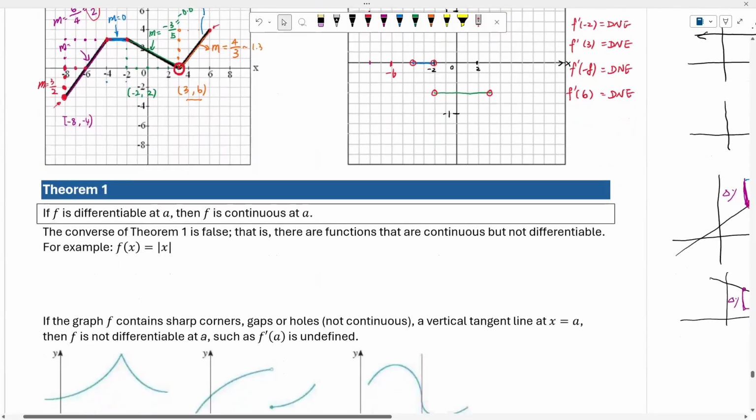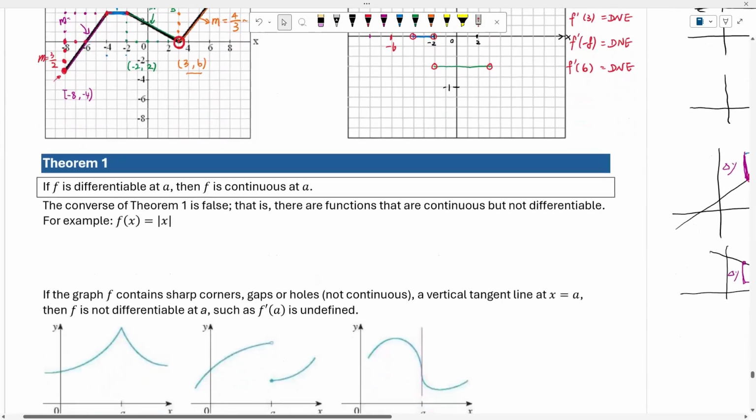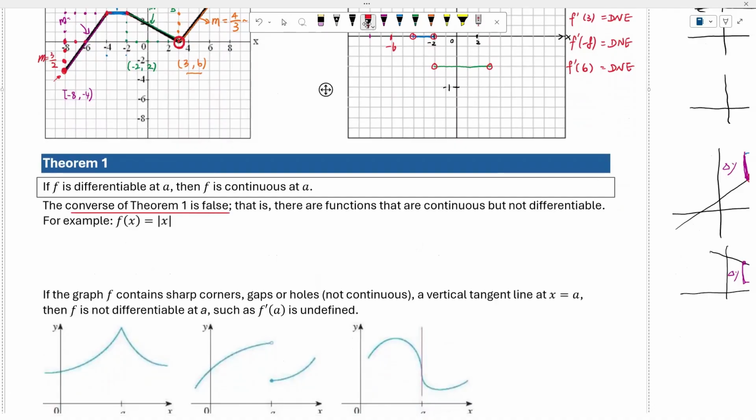And now the following theorem tells me that if f is differentiable at a, then f is continuous at a. The converse of theorem 1 is false. There are functions that are continuous but not differentiable.